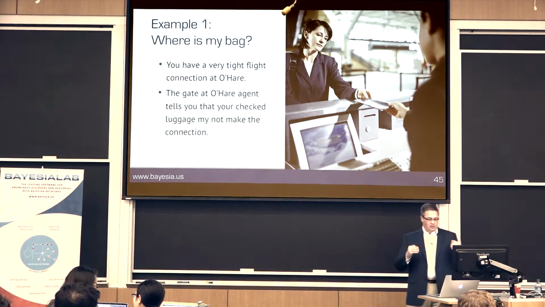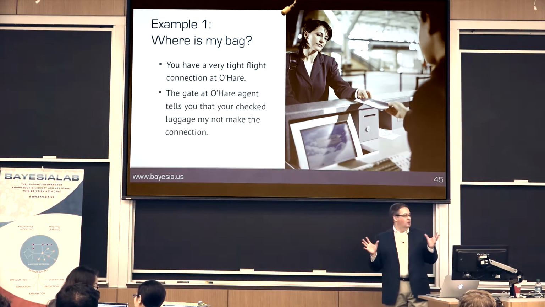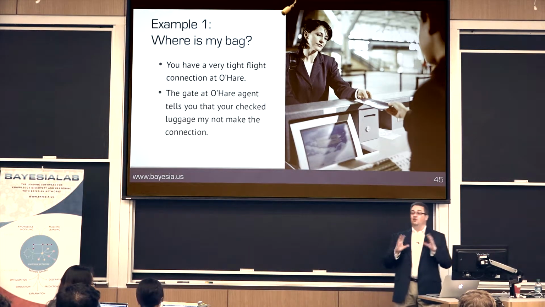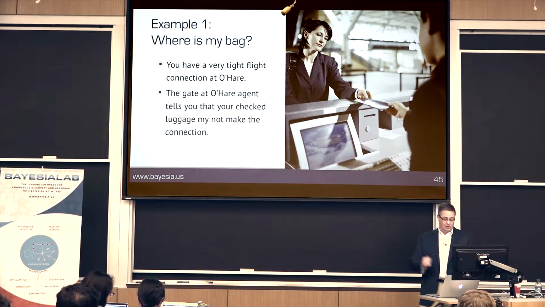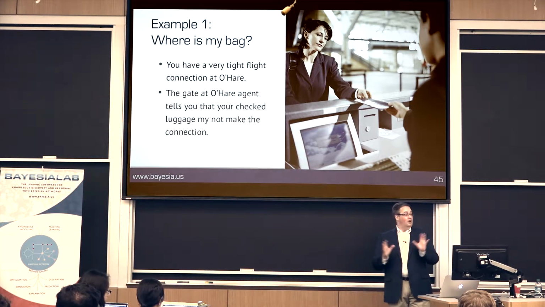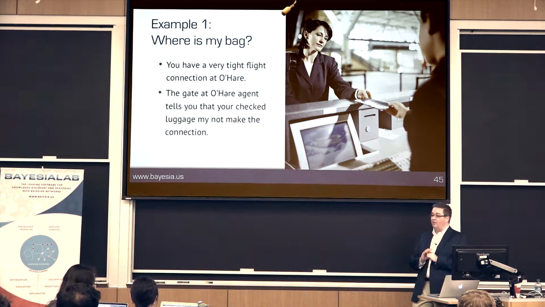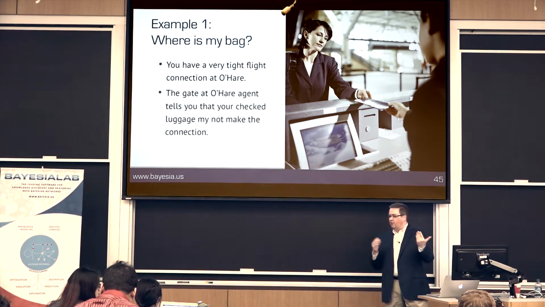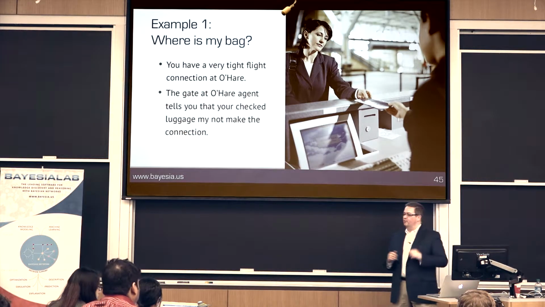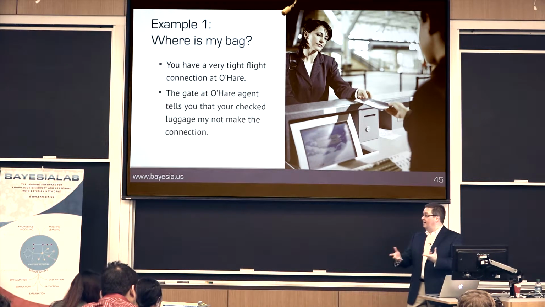Imagine this scenario, and I think this is not at all contrived. I'm sure many of you have been in this situation. I certainly have. You have a tight flight connection here at nearby O'Hare. You're flying in, you're rushing to your next gate for your departing flight. You check in with the gate agent and ask, I just came in, I raced over to the next gate. Will my bag make it?